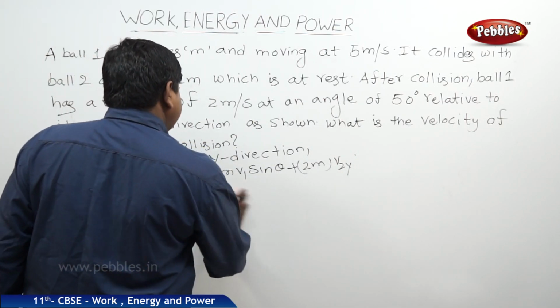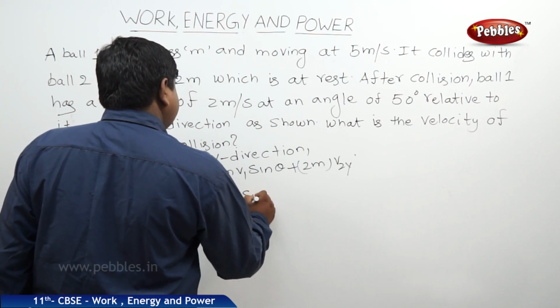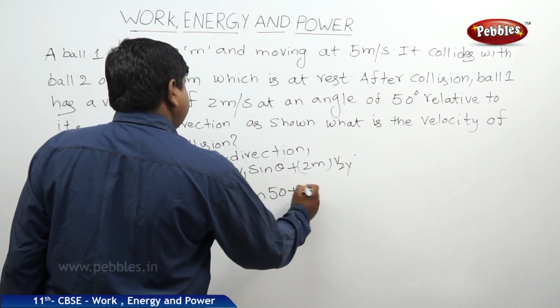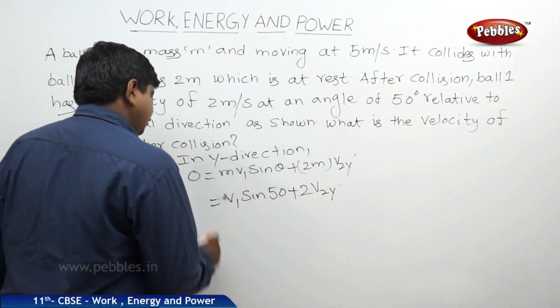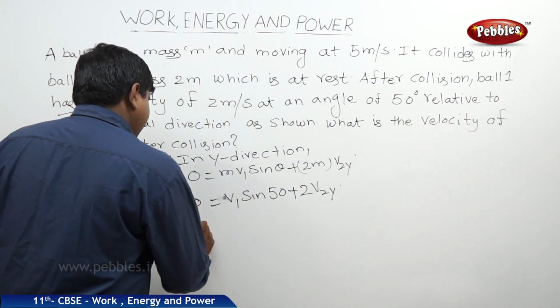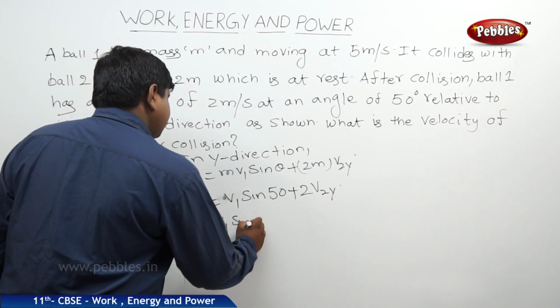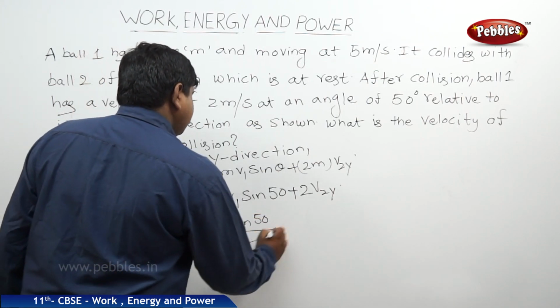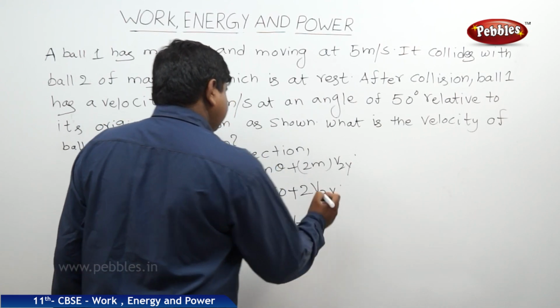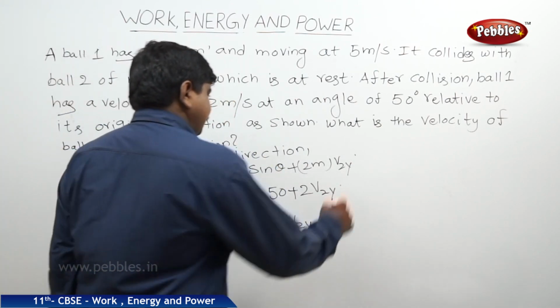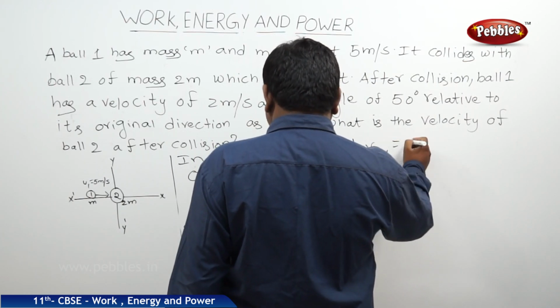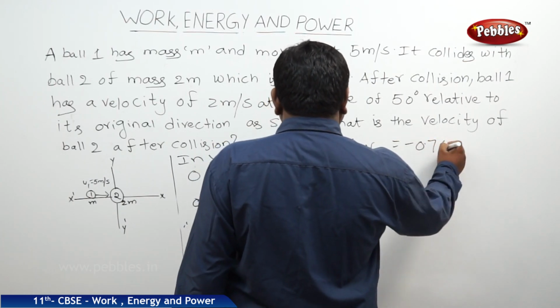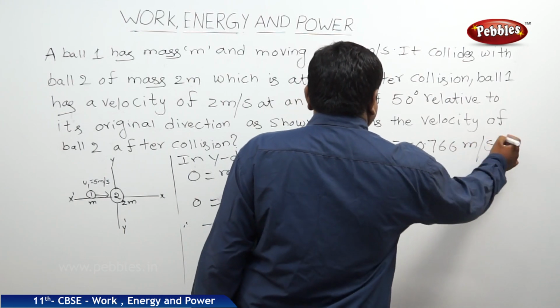So, we will write v1 sin 50 plus 2 into v2y is equal to 0. Therefore, v2y is equal to minus v1 sin 50 by 2. So if we apply the values, we will get v2y as minus 0.766 meters per second.